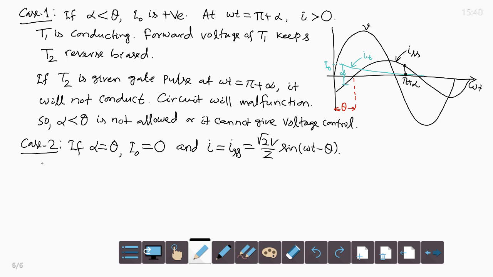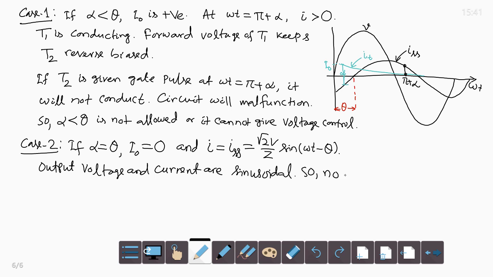So, output voltage and current are sinusoidal. So, no voltage control is possible.